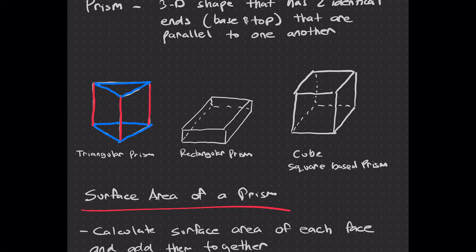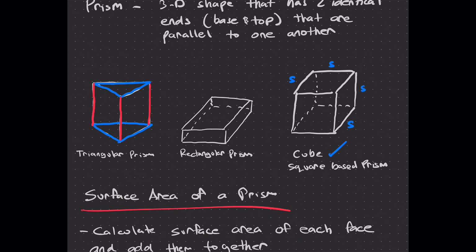The next two objects are basically the same thing. It says rectangular prism and square-based prism. And another name for a square-based prism is a cube. So basically with a cube, it just means that all of the sides are the exact same dimension.